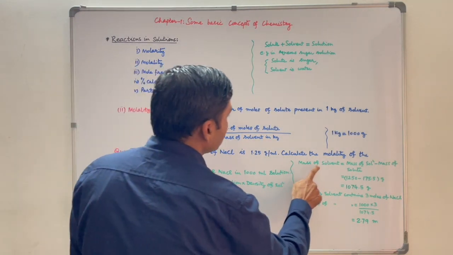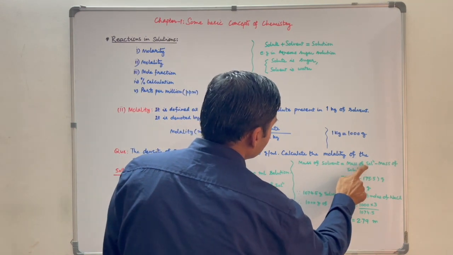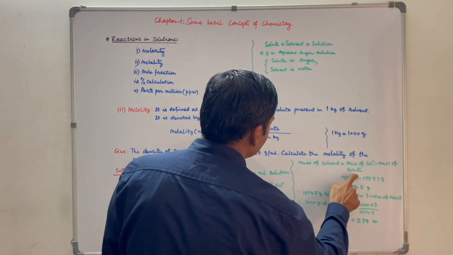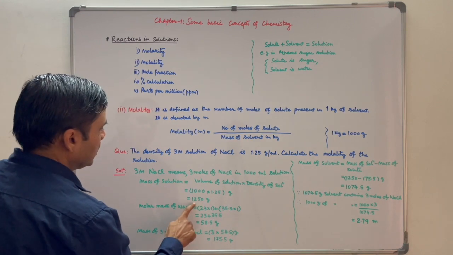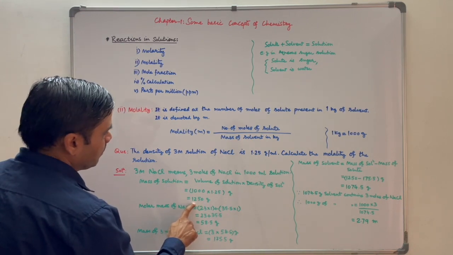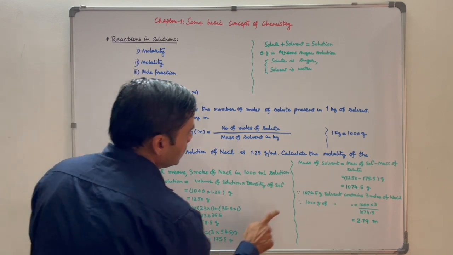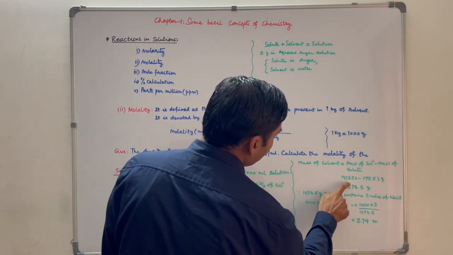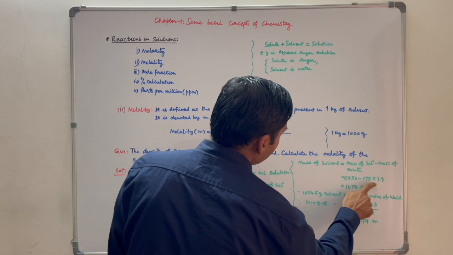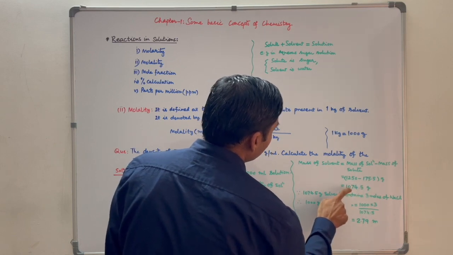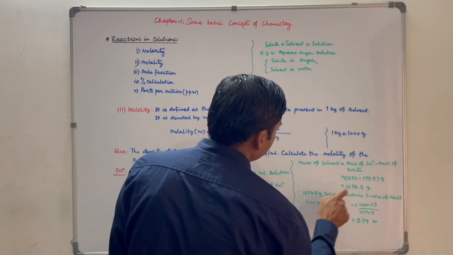So mass of solvent will be equal to mass of solution minus mass of solute. Mass of solution we have calculated as 1250 gram and mass of solute is 175.5 gram. So mass of solvent will be 1250 minus 175.5. That comes out to be 1074.5 gram.